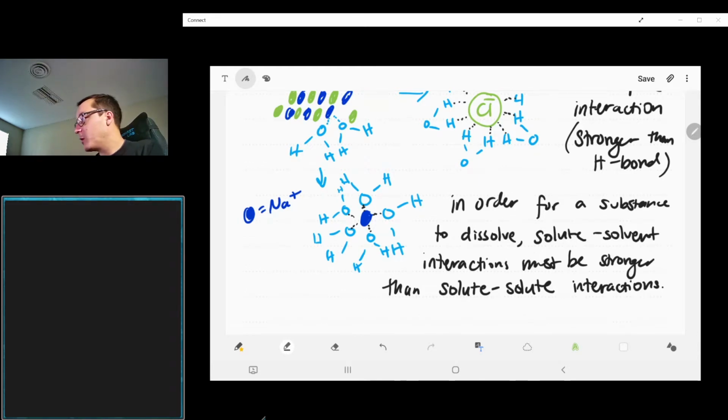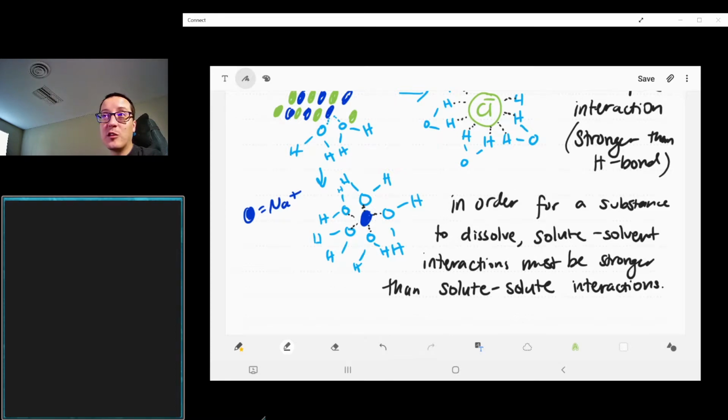And so, I mean, we know that quite a few things don't dissolve, and there's a number of reasons that things won't. For example, if you take chalk, which is calcium carbonate, and you put it in water, it does not dissolve, because the calcium and the carbonate ions are very, very strongly held together. They have very high solute-solute interactions.